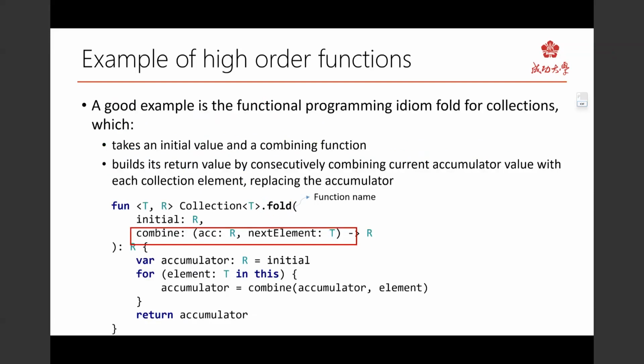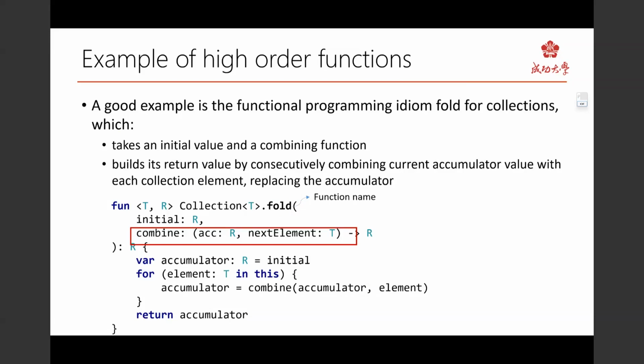Let's simply focus on this higher-order function named fold. You can see this fold function takes two parameters. The first one is an initial value, and the second one is a function. So by definition, from the previous slide, we know the fold function is a higher-order function.